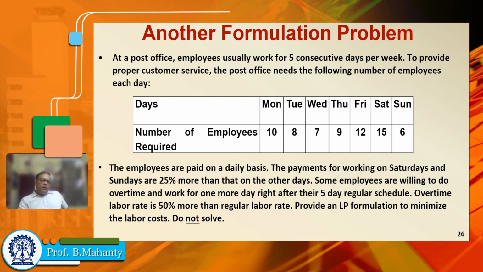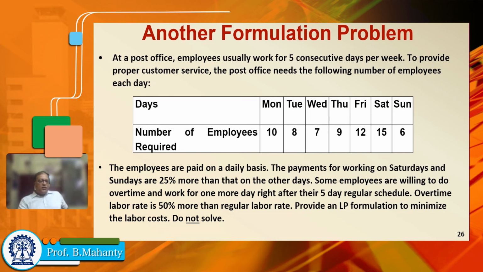Now people who are joining on Wednesday, some of them are working till Sunday and some portion, the overtime people, are working up to Monday, and on Monday they are getting overtime. Similarly, the Thursday people are working Thursday, Friday, Saturday, Sunday and Monday, and some of them do overtime on Tuesday.